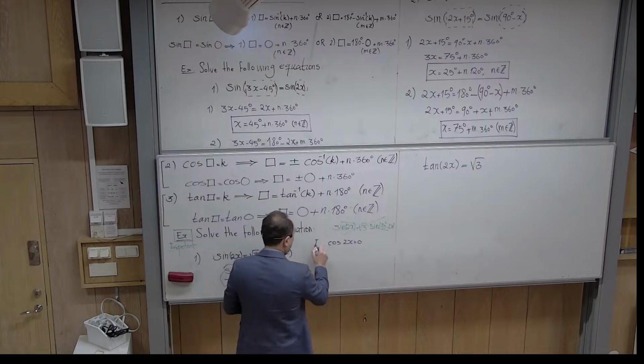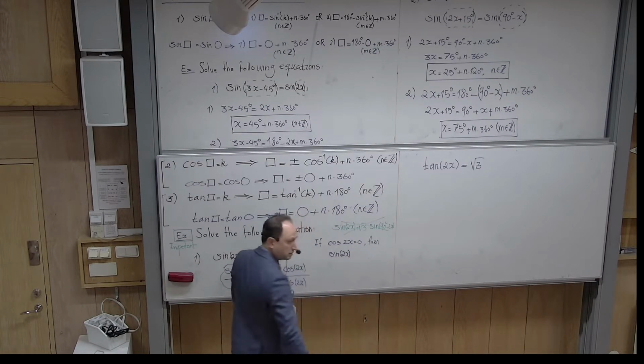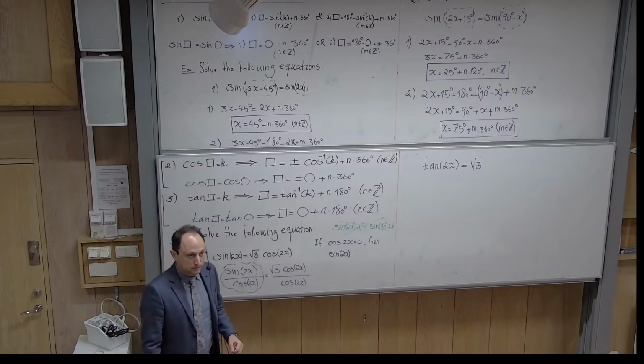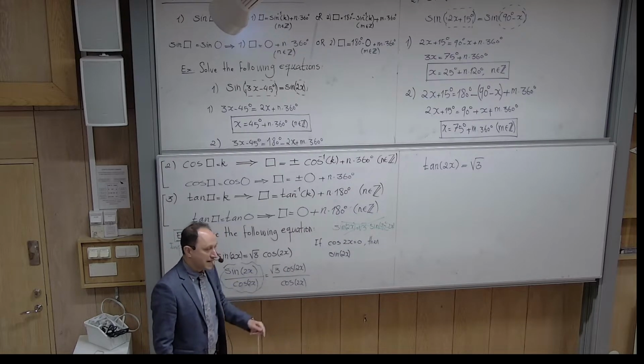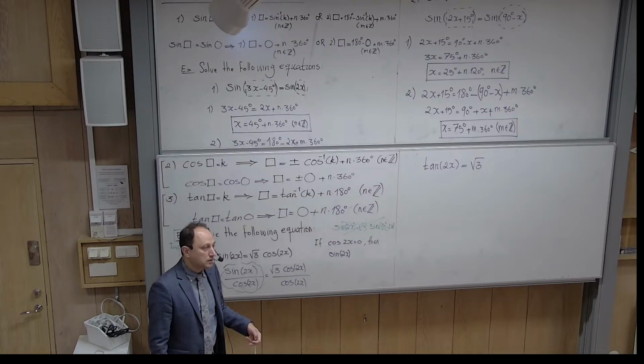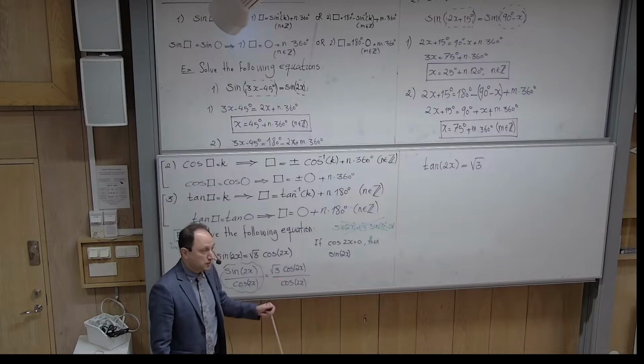if cosine 2x is 0, then I expect you to be able to tell me what sine 2x is then. If cosine 2x is 0, sine 2x has to be equal to, yes? No, sine 2x. I'm not talking about the angle. I'm talking about the sine 2x.